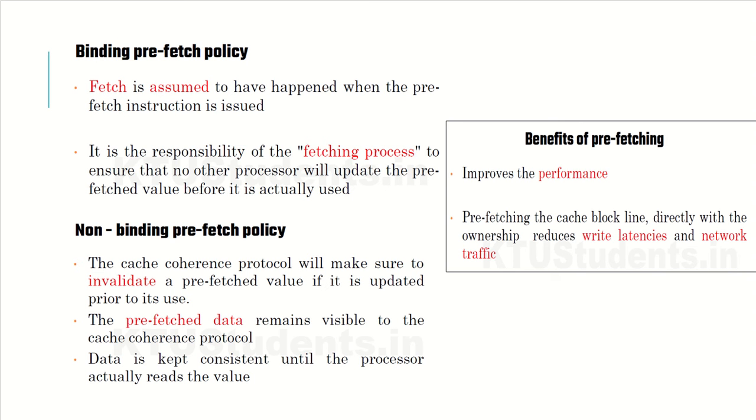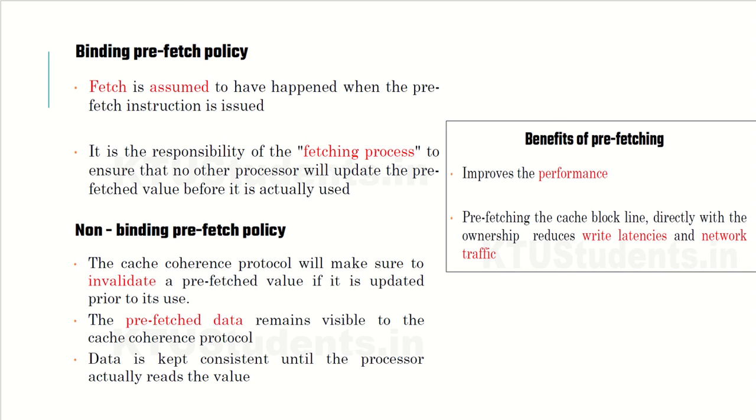Non-binding means it will not give such a guarantee, but rather it will invalidate a prefetched value when it is updated prior to its use. Just like we have the cache invalidate policy, we check whether the data is being updated inside the original memory location.